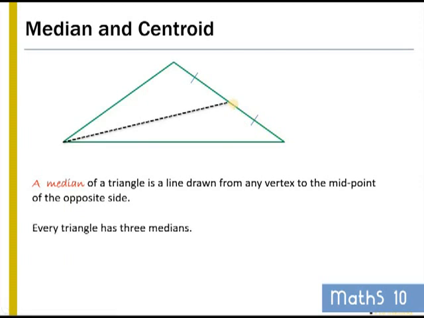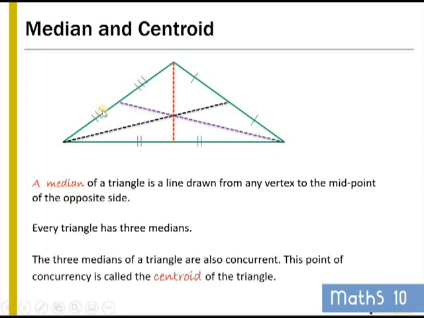Every triangle has 3 medians, because we can create one median at each vertex. This is the median for this vertex. Then at this vertex, we can have this median, meeting this line halfway. And from this vertex, we can have this median, meeting this line halfway.